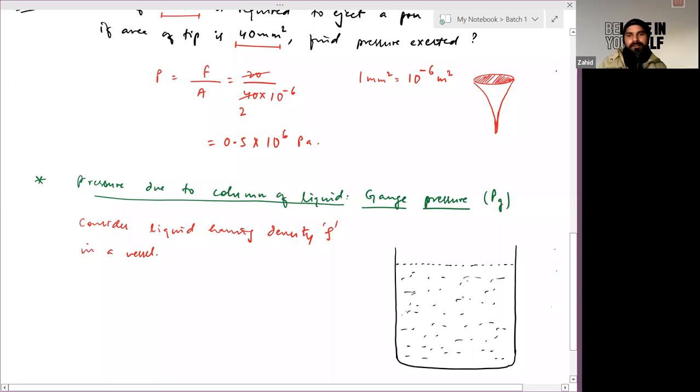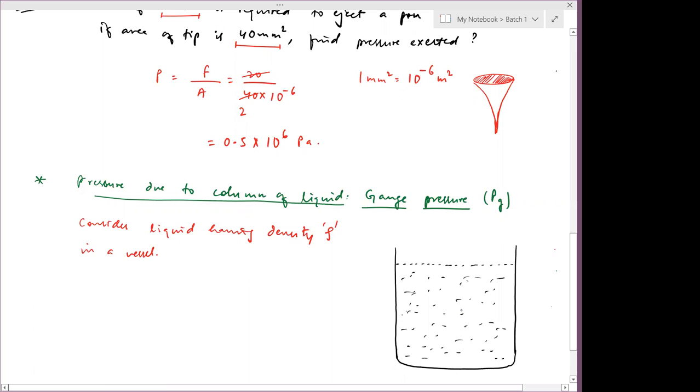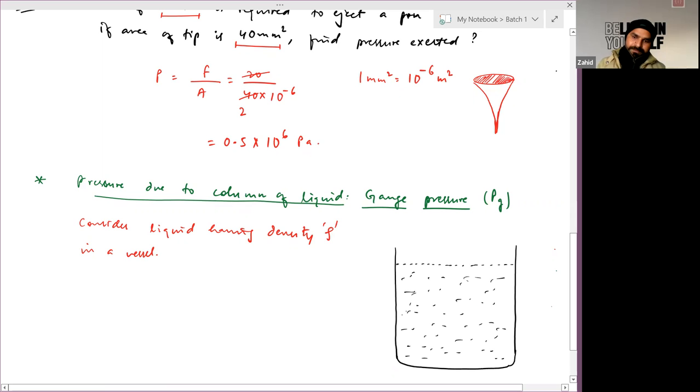Okay, Hamza, will the particles of this particular liquid at this state be at rest or in motion? Sir, they will be in motion. Okay, why would it be?